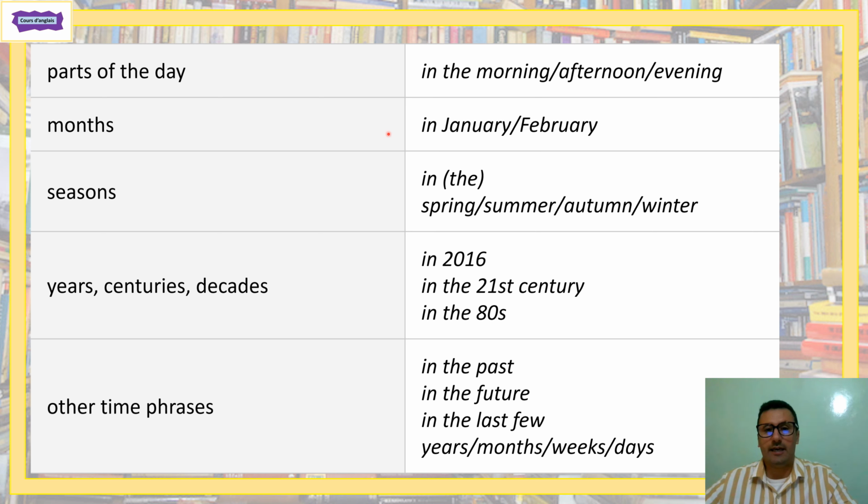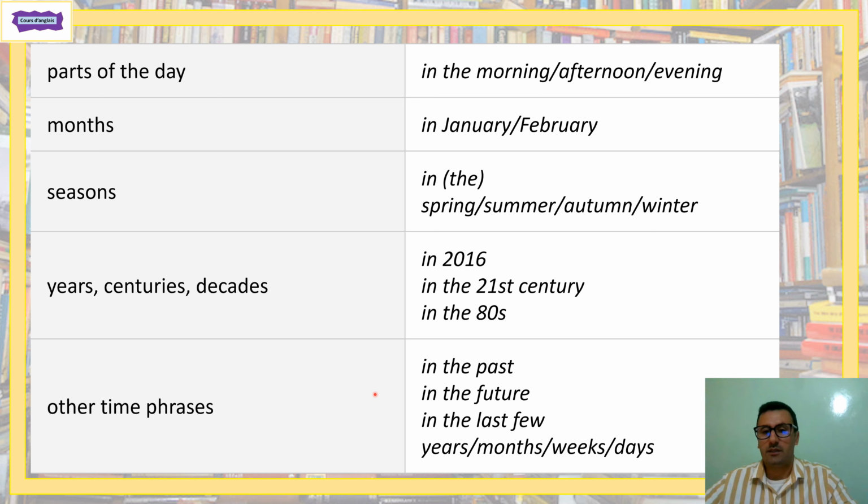Months: in January, in February. Seasons: in spring or in the spring, as you want. In the summer, in the autumn, or in the winter. Years, centuries, decades: in 2016, in the 21st century, in the 18th.